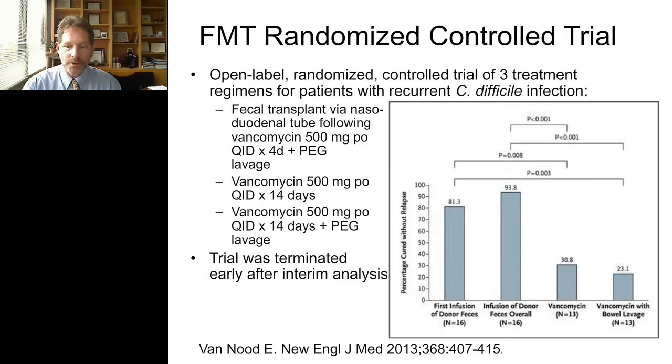As you can see from the graph on the far left, an 81% cure rate, which means no relapse within 10 weeks of the infusion of donor feces. And then the cure rate went up to 94% with a repeat for those who weren't cured with the first go-round. And you can compare that to only a 23 to 31% rate of cure without relapse in the vancomycin group.